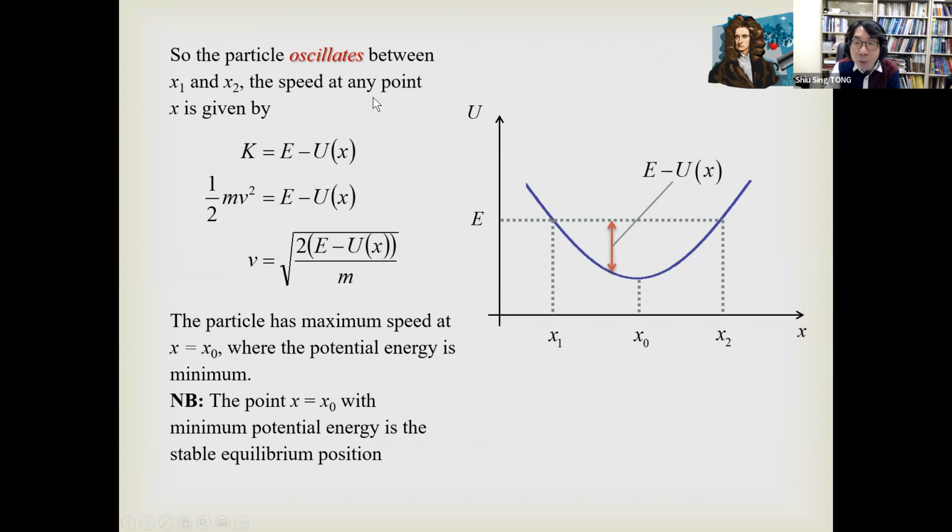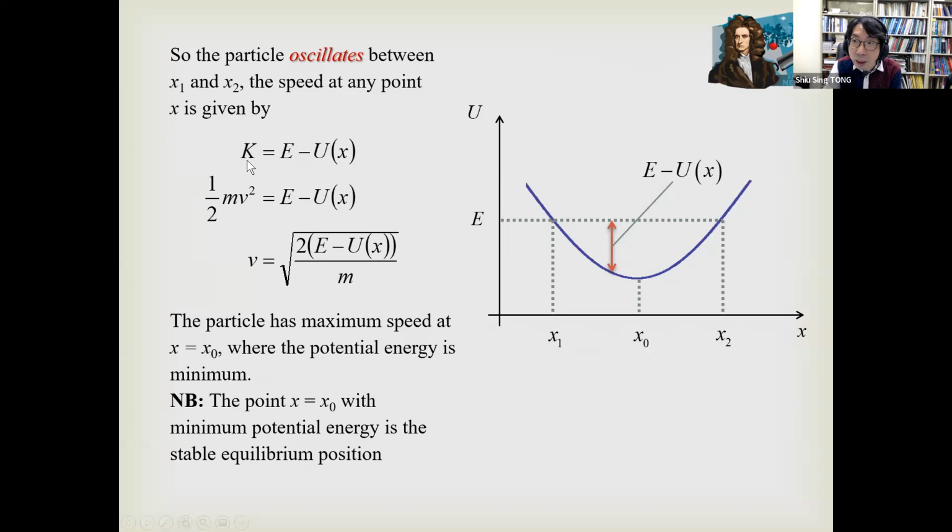And the speed, how do we find the speed at any point? Now, it's not difficult because we know the total energy. The total energy is E. So we can find the kinetic energy at any position by subtracting the potential energy from the total energy, because K plus U is E, which is constant.